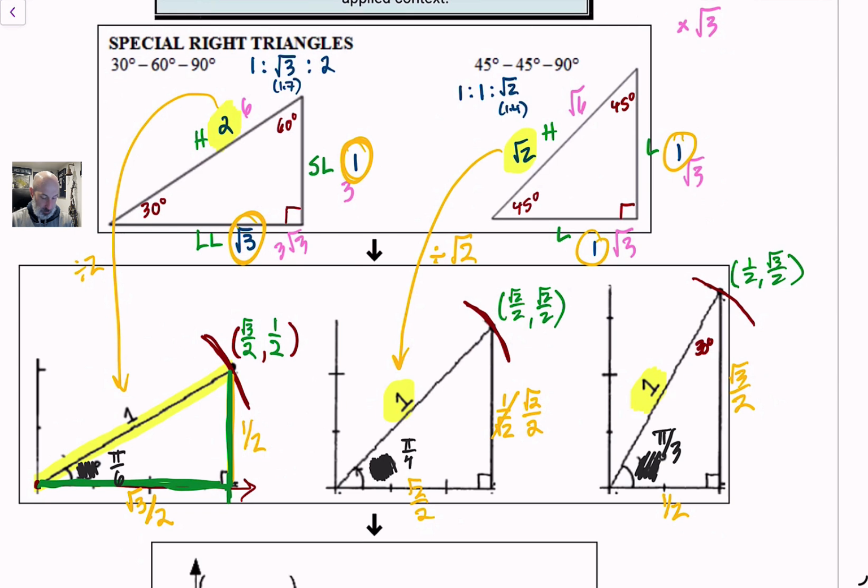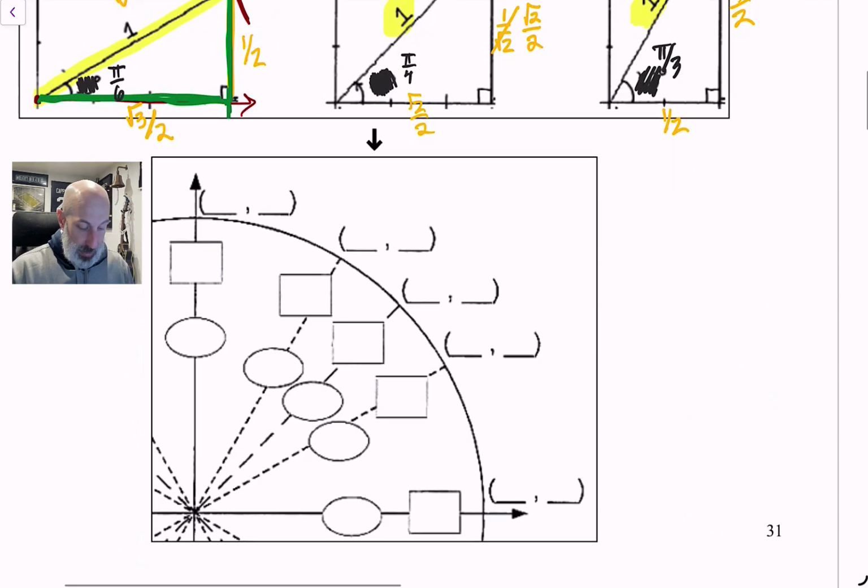Okay, so this is all the logic, this is all the work, this is all the reasoning that helps us identify ordered pairs in the Cartesian coordinate plane on this unit circle. So on the next page, I actually have a completed unit circle, and we'll talk about maybe some patterns, some ways to remember things.